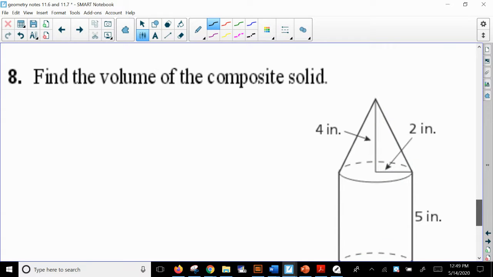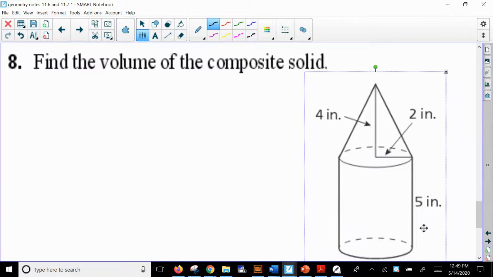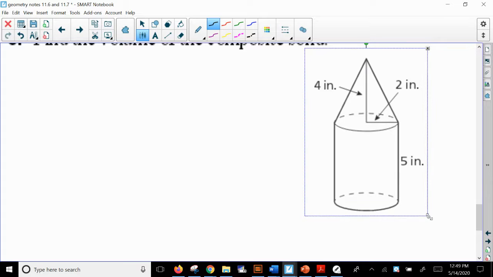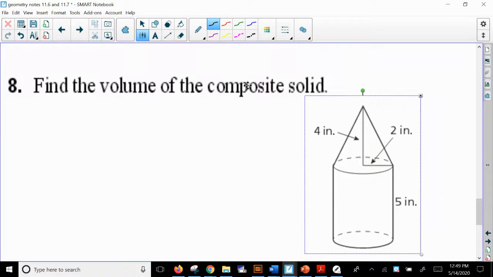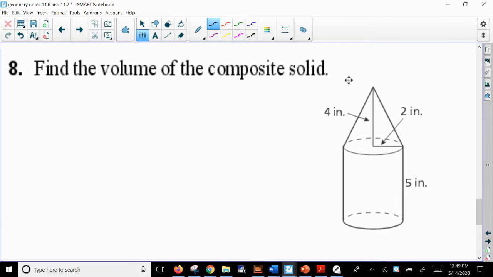All right. We don't need to do a bunch of examples for volume of a cone, but this right here is some fun stuff. This is a composite solid. Okay? Composite means 2 put together as 1. So when you look at this, tell me what you see.